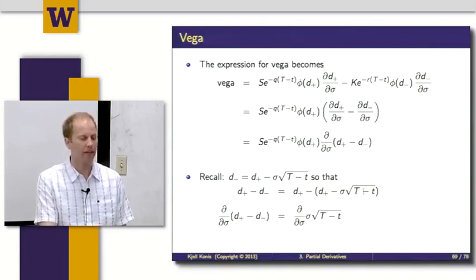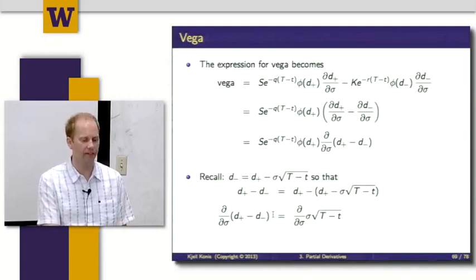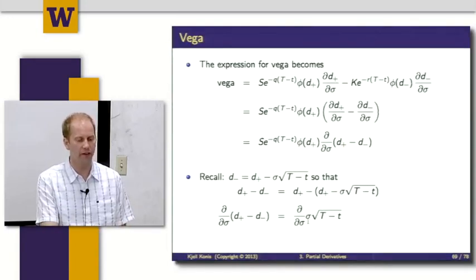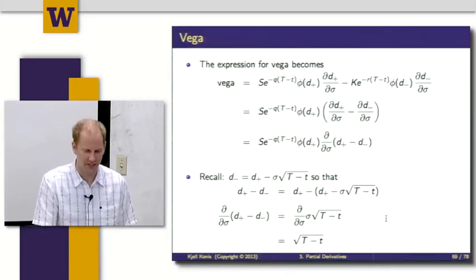So that's just going to be sigma times the square root of t minus t. And then I'll take the derivative with respect to sigma of both sides of this. And so this is actually pretty straightforward. This is just the power rule now. So the partial derivative of sigma times the square root of t minus t with respect to sigma is just going to be the square root of t minus t. So that's quite a lot less work than I was looking at before.